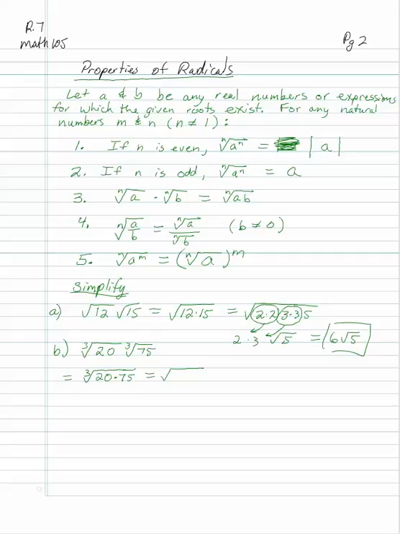Now I'm going to factor everything. 20 is 2 times 2 times 5. 75 is 5 times 5 times 3. So look, I have 3 of a kind. 3 5s inside make 1 5 outside. And I got the 2, 2, 3 left inside, which is 12.